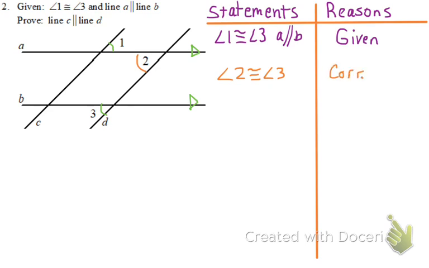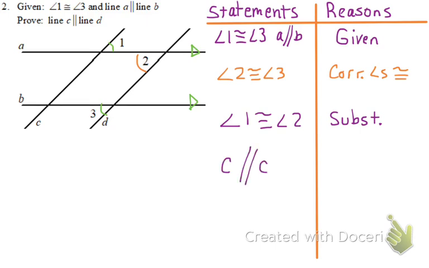Because you have the parallel lines, the corresponding angles are congruent. Now we can use substitution and say that angle 1 is congruent to angle 2. And now that we have 1 and 2 congruent, we can say that line C is parallel to line D because we have alternate interior angles congruent.